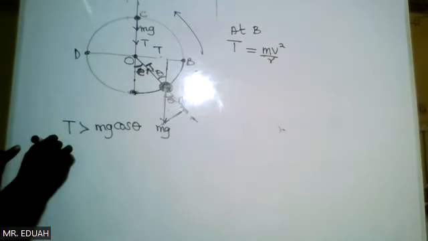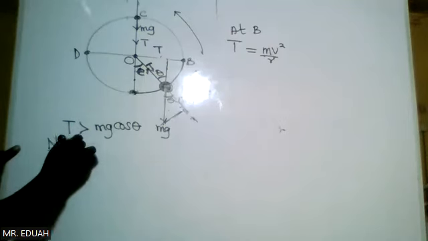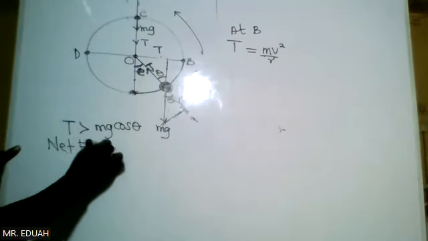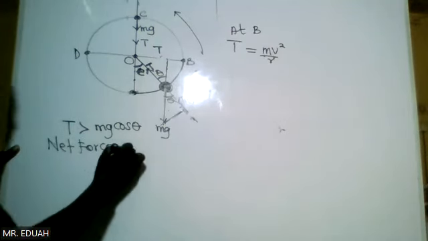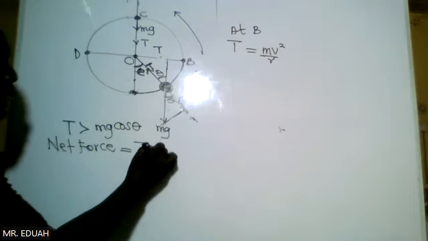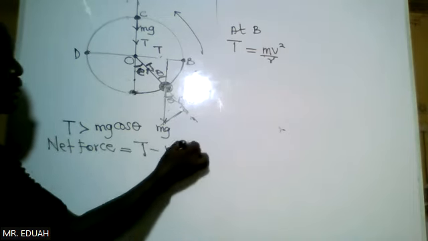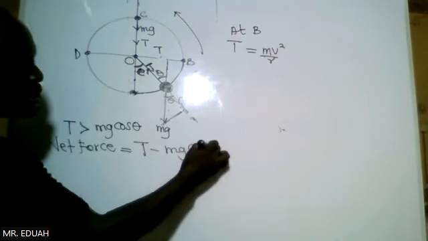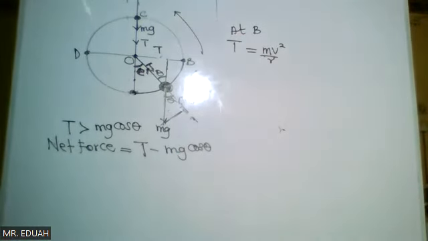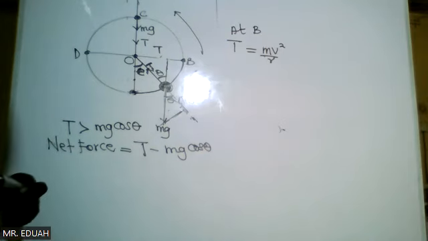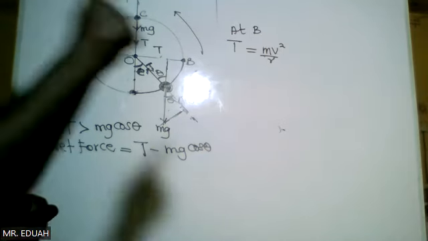Therefore, the net force between T and mg cos theta becomes T minus mg cos theta. The net force always acts in the direction of the larger force.